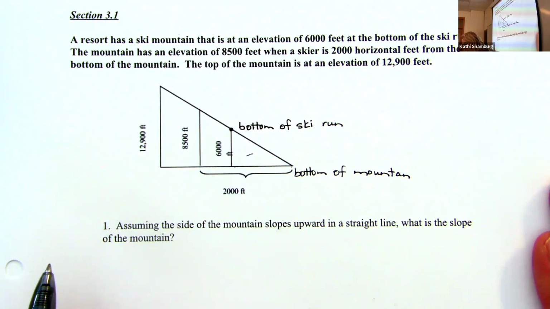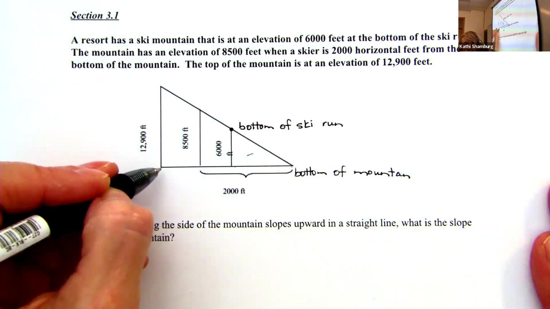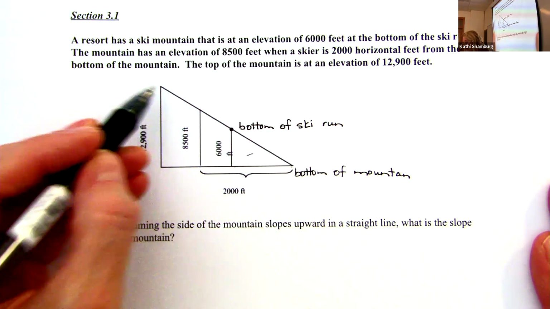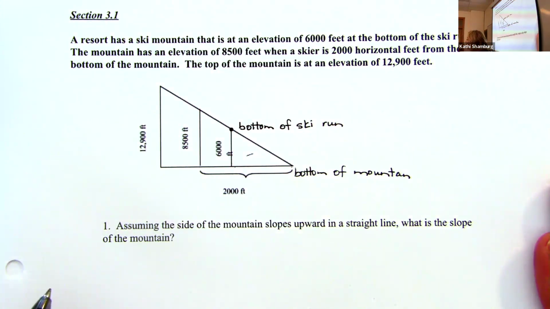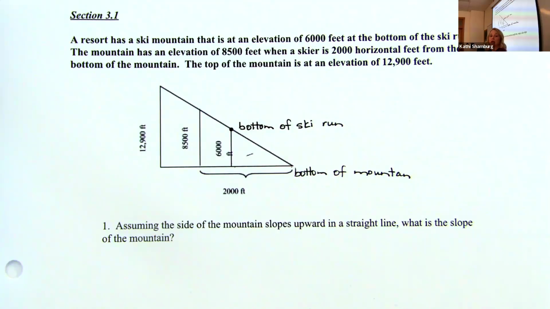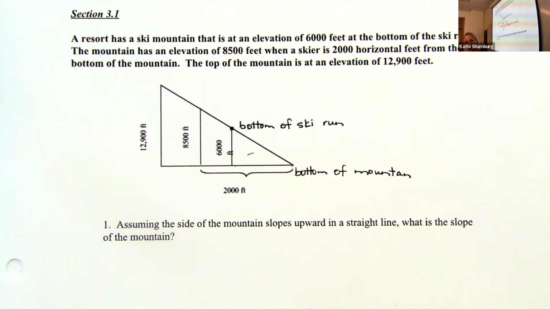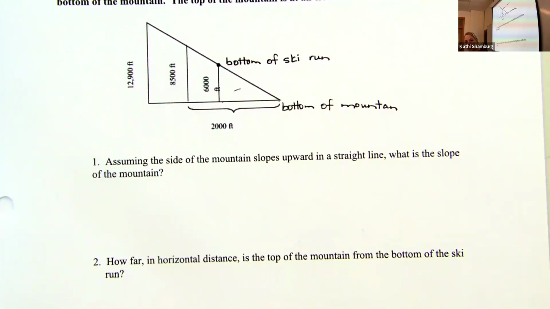The top of the mountain, from here to here, is an elevation of 12,900 feet. Anytime you have a picture problem, you're going to need to find the slope. And that means we're going to have to find a right triangle, because what we need to remember about slope is that it's rise over run.